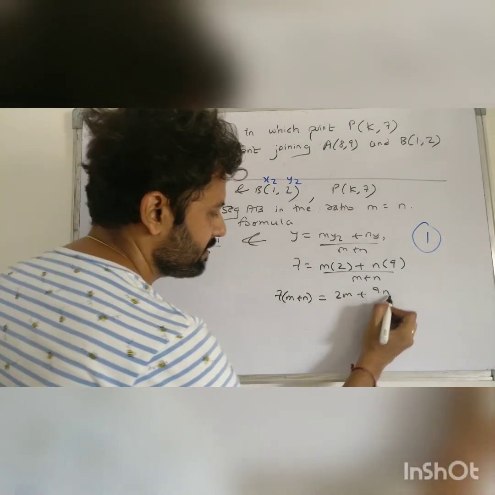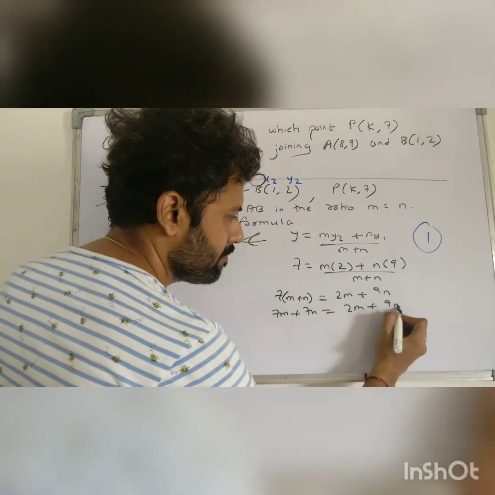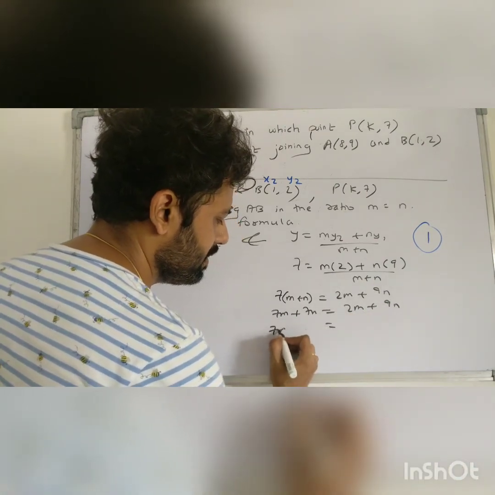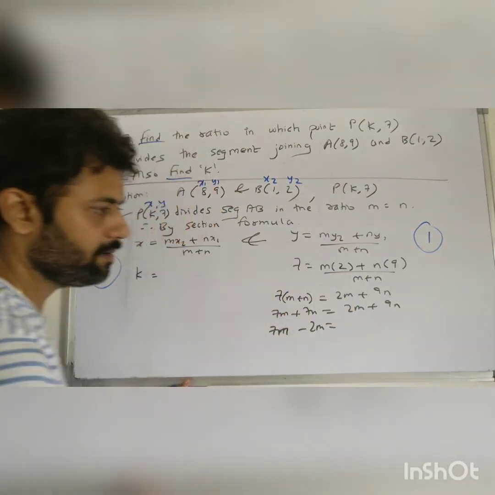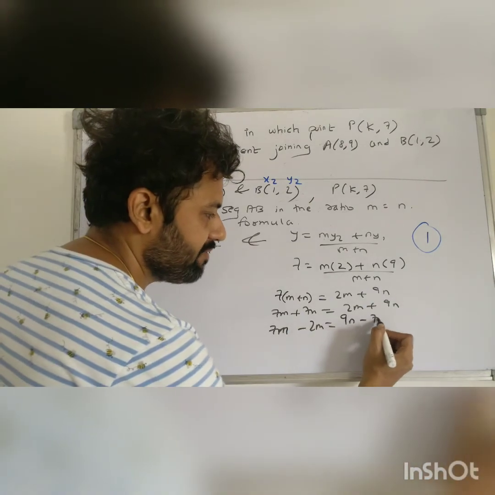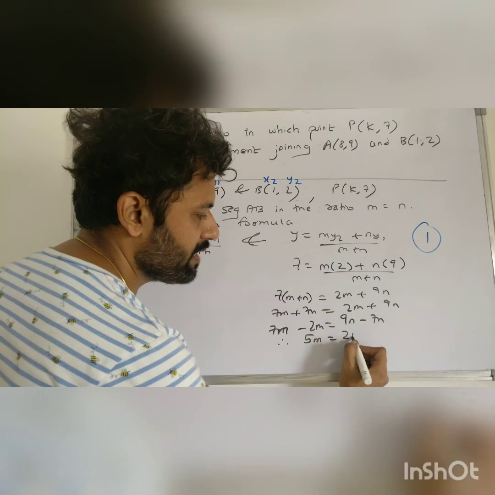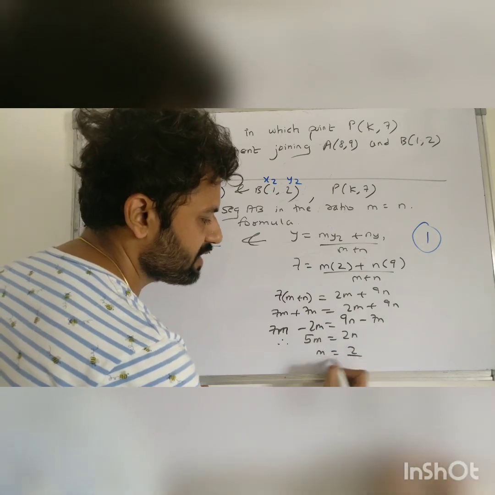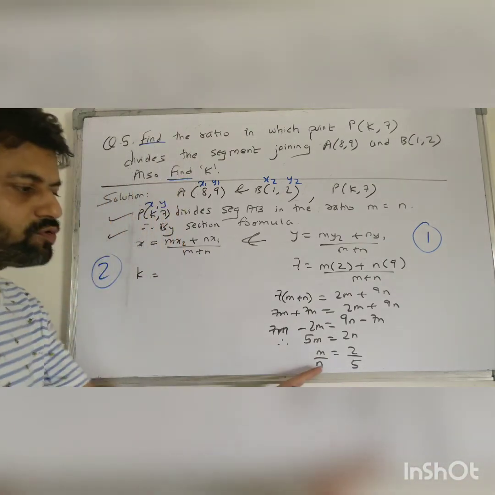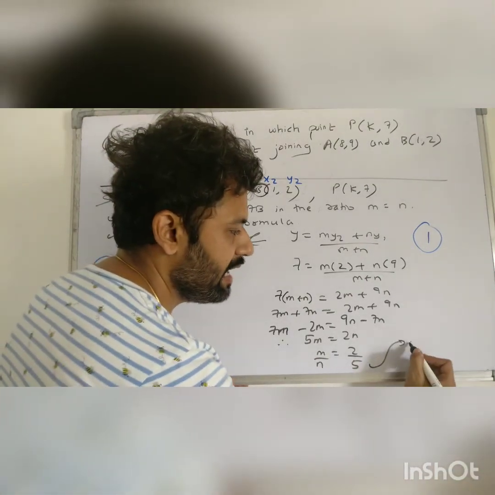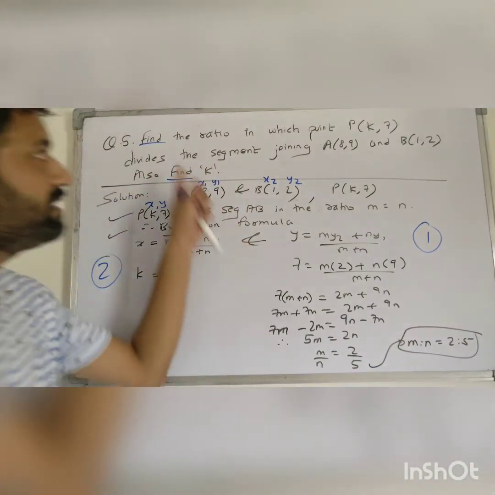So you get 7m plus 7n is equals to 2m plus 9n. 7m remains on the left hand side. 2m comes here. This is 9n minus 7n. 7 minus 2 is 5m. 9 minus 7 is 2n. m in place of that, 2 in place of that, and n comes down, m upon n, and this 5 will come here. So the ratio we get is m is to n is equals to 2 is to 5. This is our first answer.